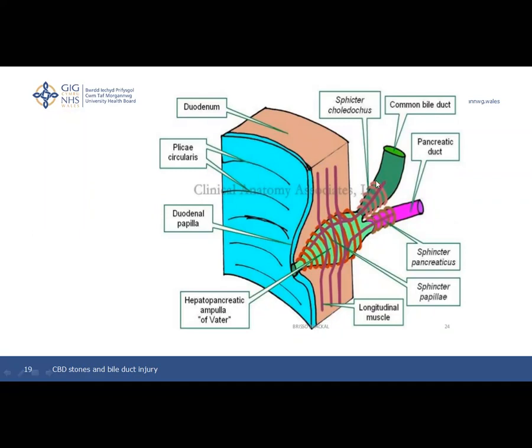There are three sphincters which control this: the sphincter choledochus, which is around the common bile duct, the sphincter pancreaticus, which is around the main pancreatic duct, and the sphincter around the common ampulla of Vater, or the sphincter of Oddi. So all these three control the drainage of the bile into the second part of the duodenum.